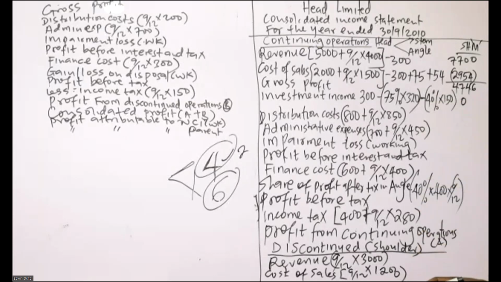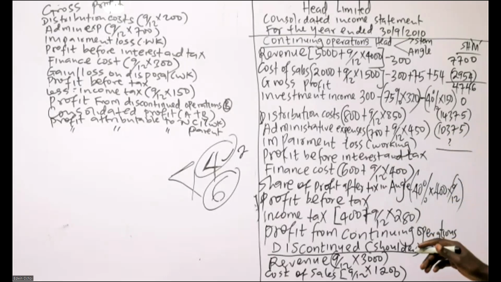This is 0. So this is 10.7.5. We cannot get Goodwill at this point, so that one needs a working.